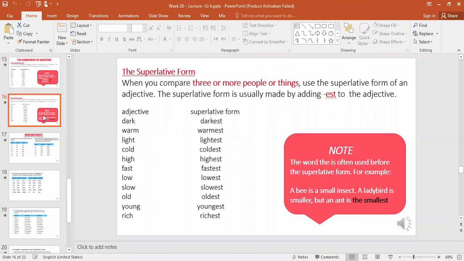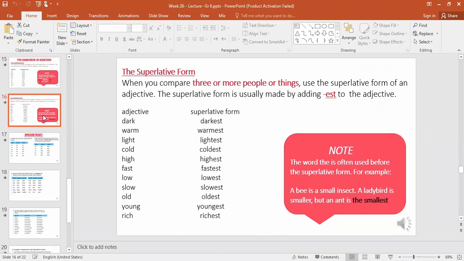Now we move to the superlative form. The superlative form is used to compare three or more people or things. What do I mean by that? I mean we use it to compare three or more, not only two, three or more people, places, or things. The superlative form is usually made by adding est to the adjective.